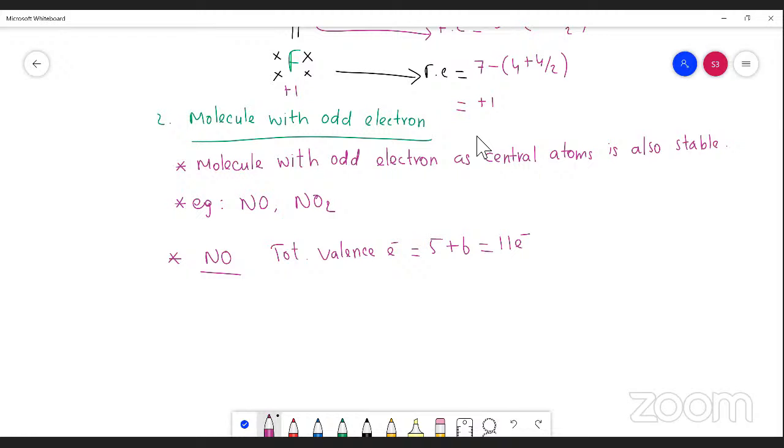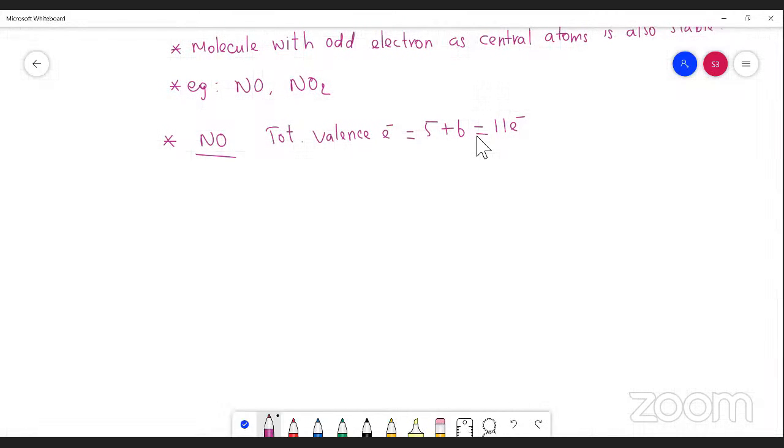Now we make the Lewis structure for NO. Nitrogen and oxygen make a single bond, and we use 6 electrons on oxygen to complete the octet. Here we are utilizing totally 8 electrons around the oxygen, and the remaining 3 electrons are on nitrogen.